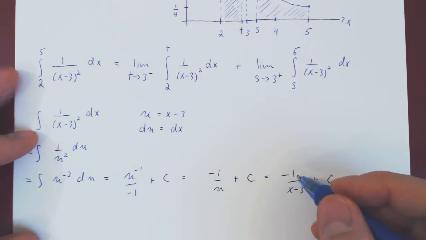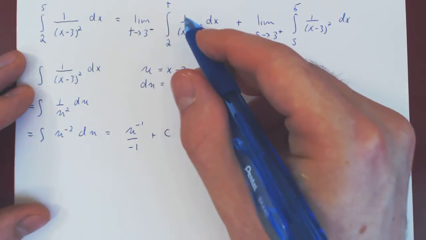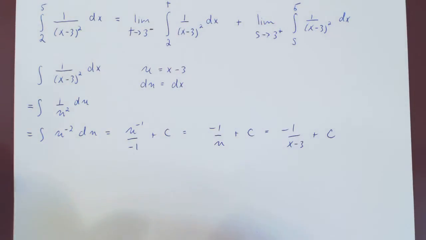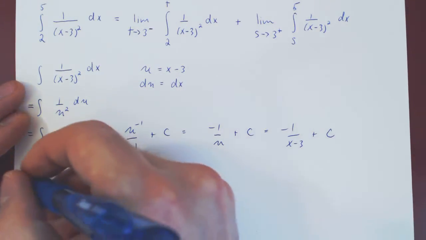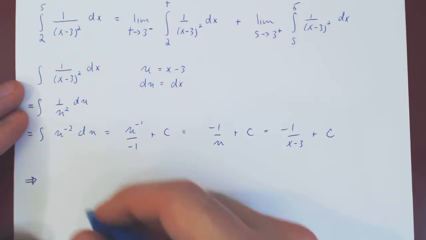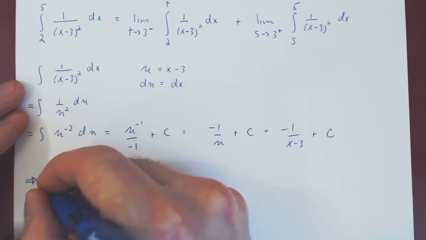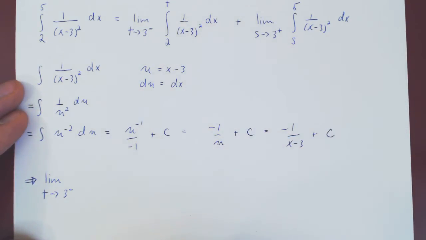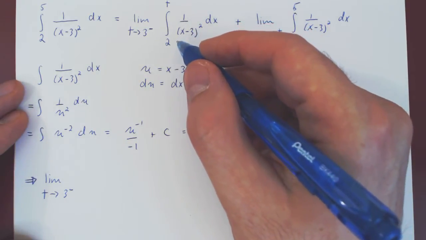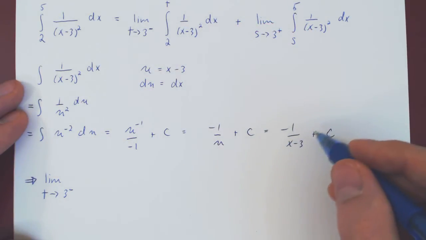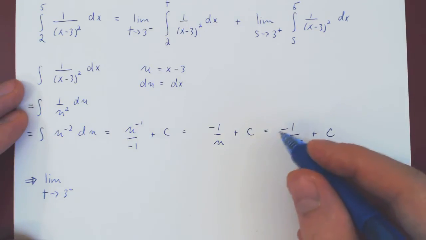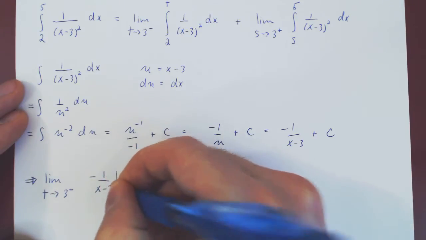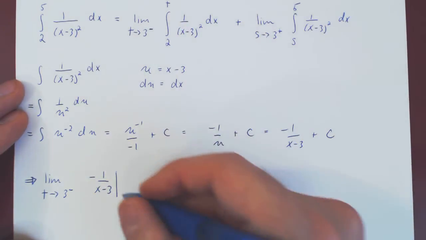Now that we have our antiderivative, we can evaluate this definite integral with the fundamental theorem of calculus. So we will evaluate our antiderivative, leaving the plus c out, so negative 1 over x minus 3 from 2 to t.